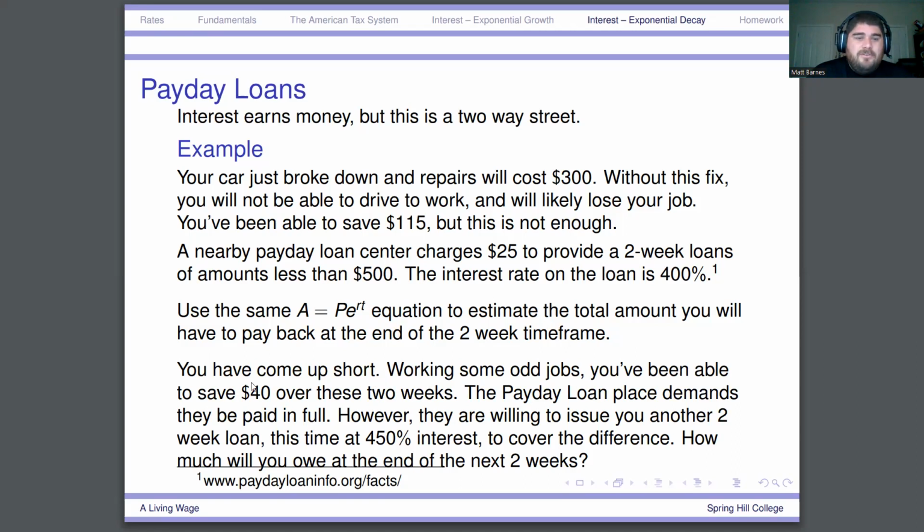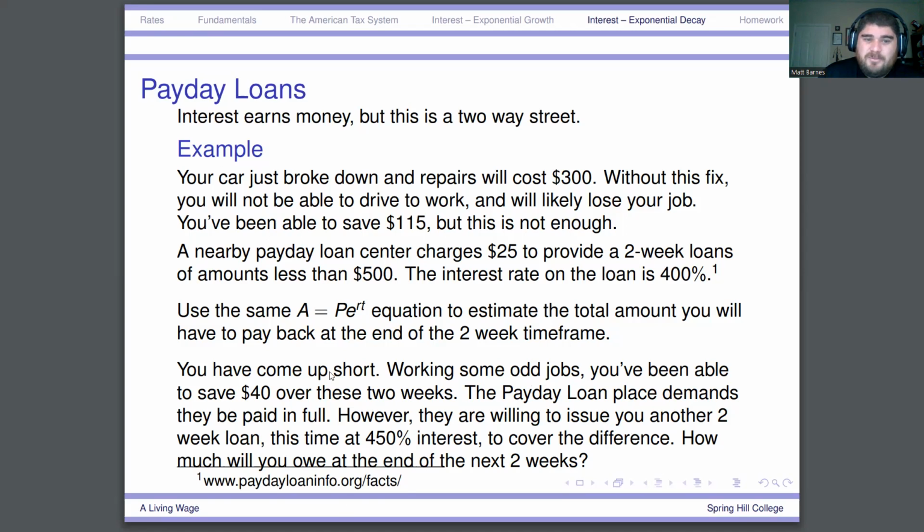And so you've been able to gather $40 over these 2 weeks, right? But our loan place, they got to be paid in full. The good news for somebody, maybe not us, is that they will give you another loan. But since they issued you a loan already, they're going to raise the interest rate to 450% to cover the difference. So we can calculate how much we owe at the end of this next 2 weeks as well.